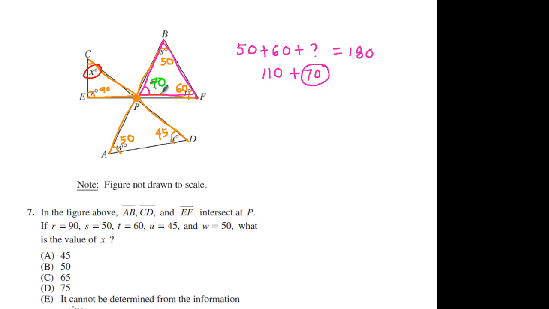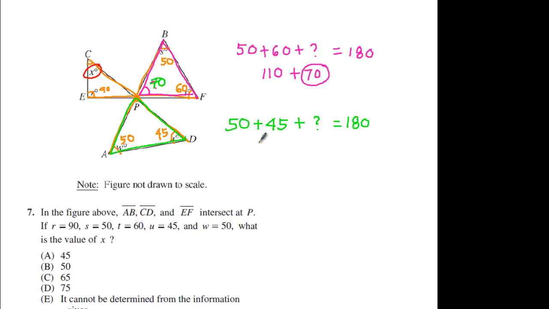Now let's look at this side of the triangle. We know that the sum of the angles of this triangle is also 180 degrees, and we know the two angles to be 50 and 45. So what should be the third angle so that the sum of these three angles is 180 degrees?